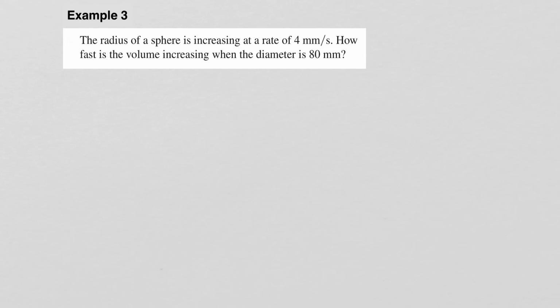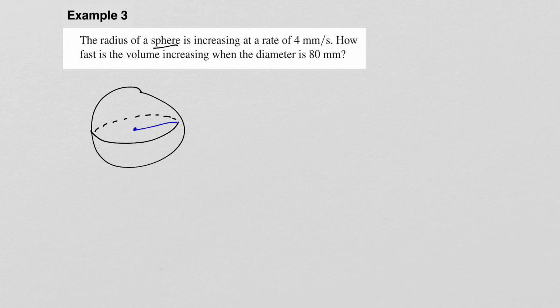For the next example, the radius of a sphere is increasing at a rate of 4 millimeters per second. How fast is the volume increasing when the diameter is 80 millimeters? Okay, so in this problem, we are talking about a sphere. A sphere is a fancy word for a perfectly circular ball, and this sphere will have a radius r.